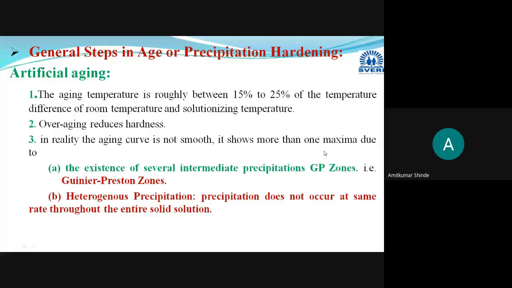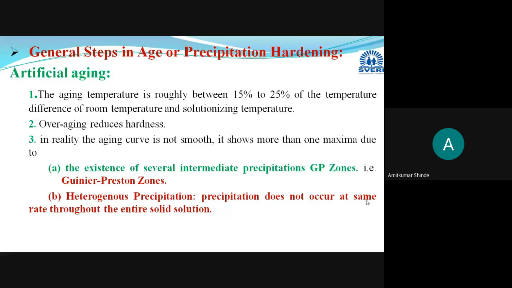These intermediate phases are termed GP zones, or Guinier-Preston zones. The maxima occur because precipitation does not occur at the same rate throughout the entire solution. Formation of the precipitate takes place at different rates. Sometimes it is very fast, sometimes very slow.